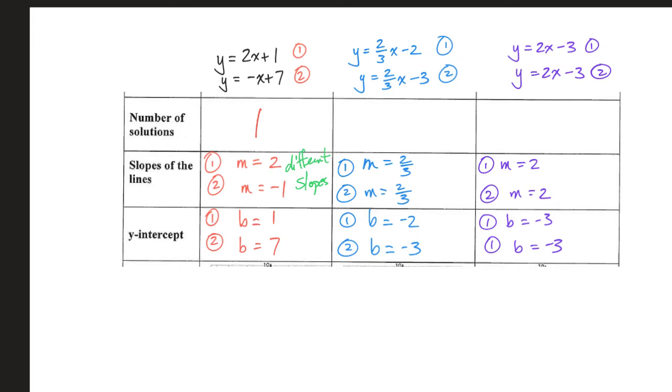And I hope that we could see that if your arms were long enough, like infinitely long, eventually those 2 lines are going to cross somewhere. As long as they have different slopes, then they're going to cross somewhere.